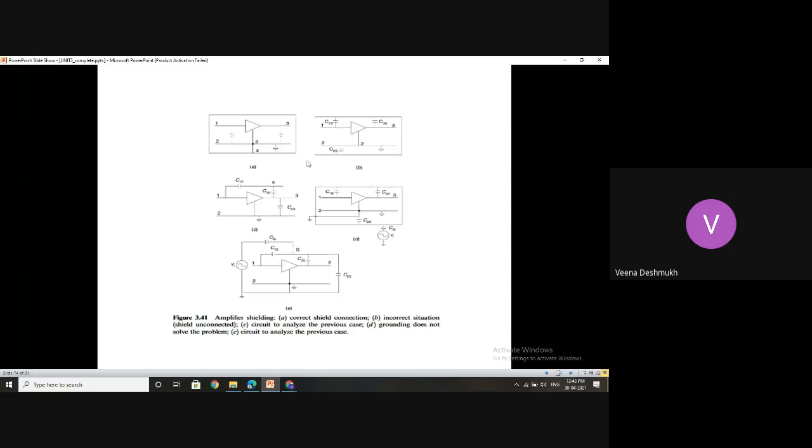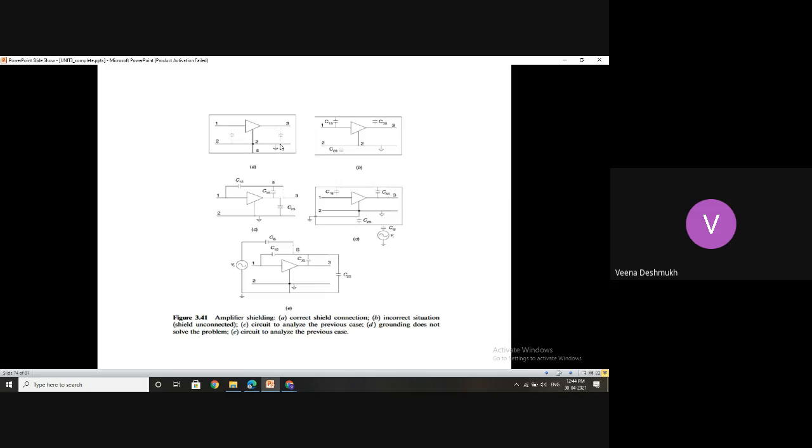Here you can see a few circuits used for shielding. Now in the first circuit, there is an instrumentation or general amplifier we'll consider for the time being. Here 1 is the input and 3 is the output, and this is one reference. Now this point is connected and the outer rectangular block is nothing but a shield. By doing this shielding, between these two conductors there is a capacitance developed, and between these two there is another capacitance developed.